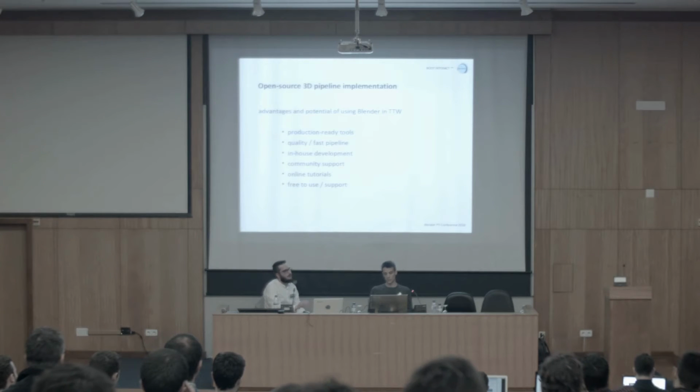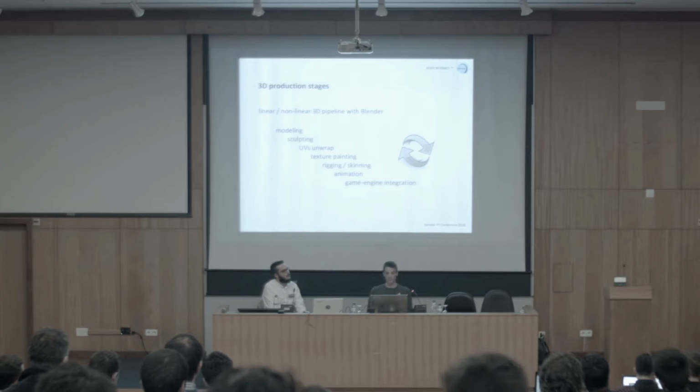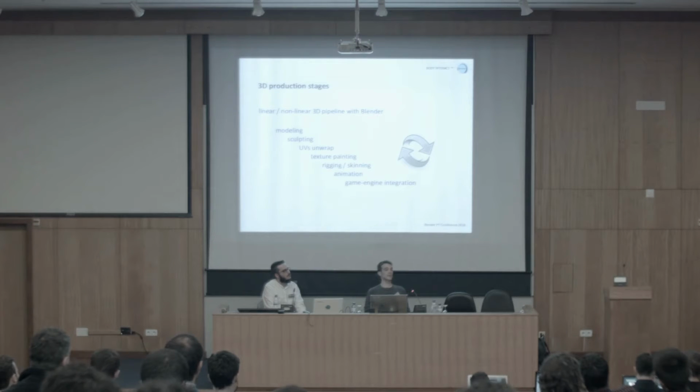So talking more about the quality and fast pipeline, I don't know if you are very familiar with pipelines. It has been discussed earlier today. A 3D pipeline is usually linear, okay? Or at least that's the objective of a 3D pipeline. The fact is that that's not always the case.